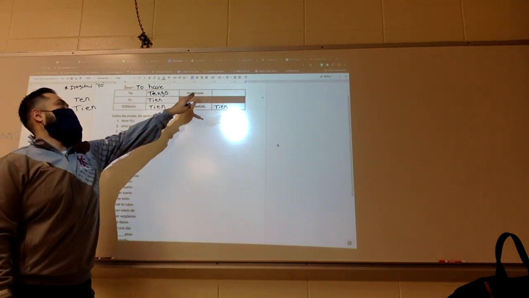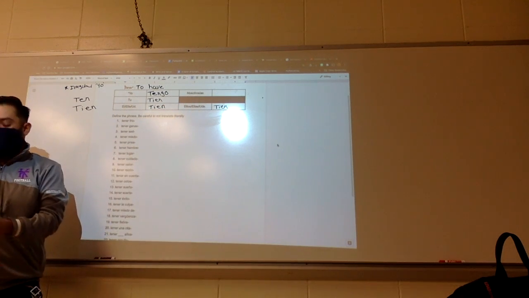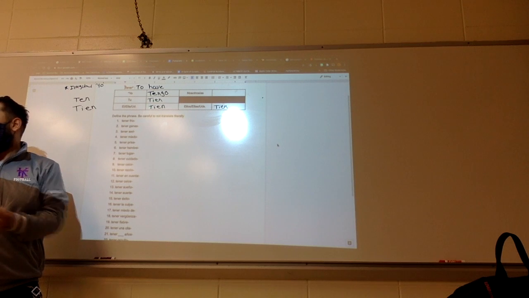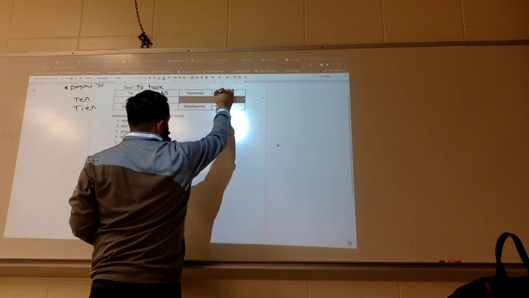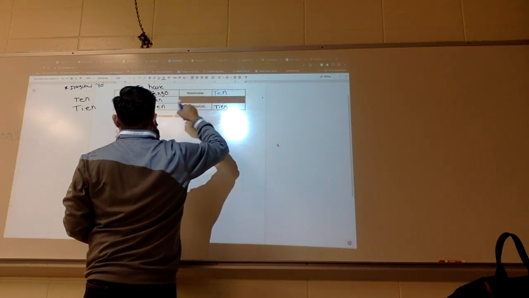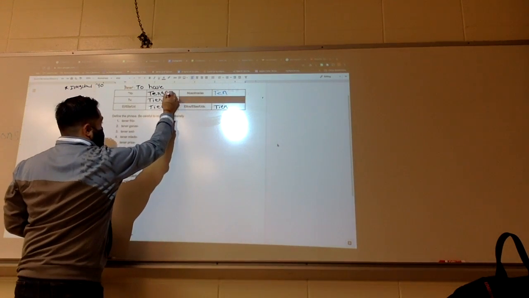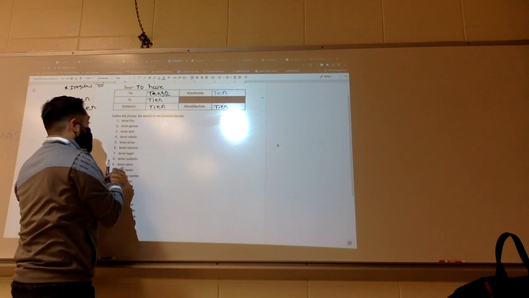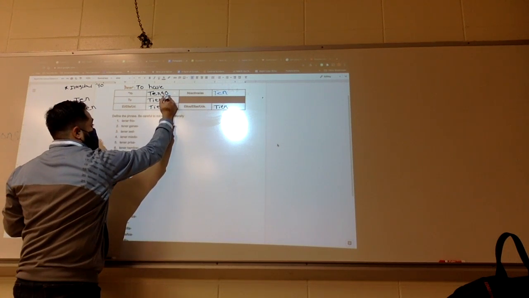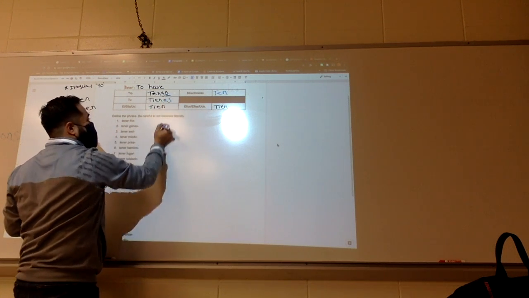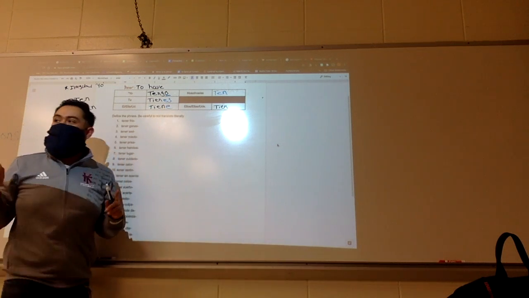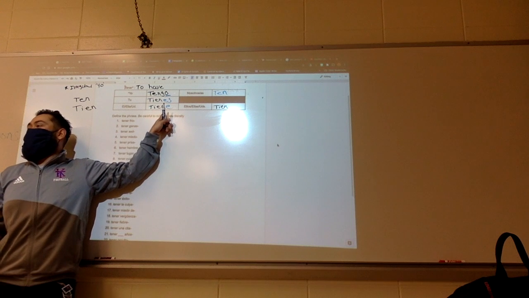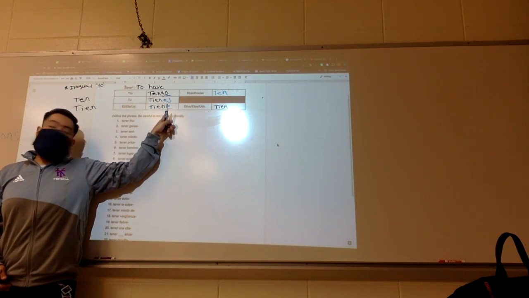So why am I not putting anything in here yet? Because it still doesn't change. In the nosotros form, we don't do the stem change, so it's still ten. So we got the O here like we normally do. What goes here? Yes, tienes. Él, ella, usted: tiene. Now, everybody likes to pronounce this tien. Remember, you're not in English.